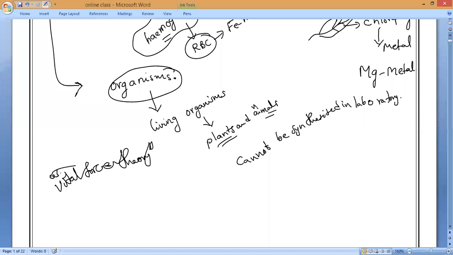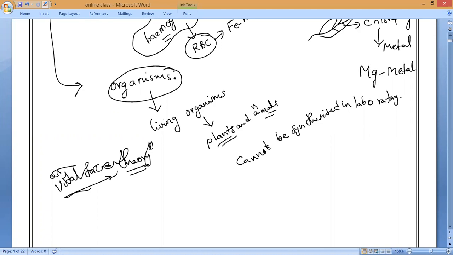Vital force theory. According to this theory, preparation of organic compounds is not possible in the laboratory, and some invisible or mysterious force, called the vital force, is responsible for their formation.